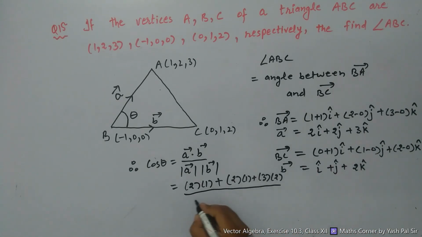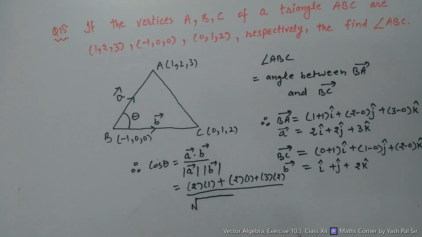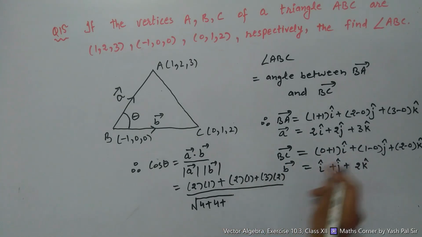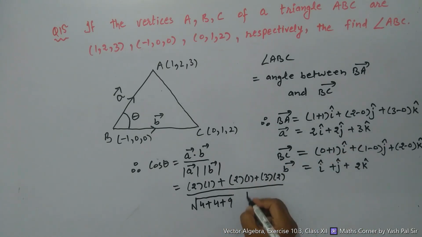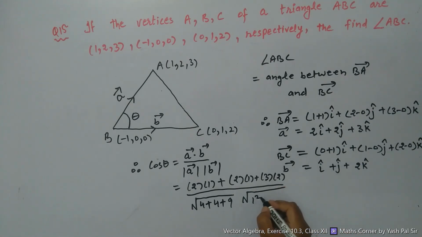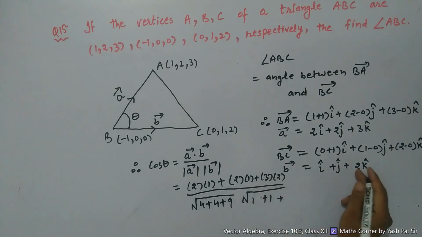Divided by magnitude of A, 2 squared plus 2 squared plus 3 squared, into magnitude of B, 1 squared plus 1 squared plus 2 squared.